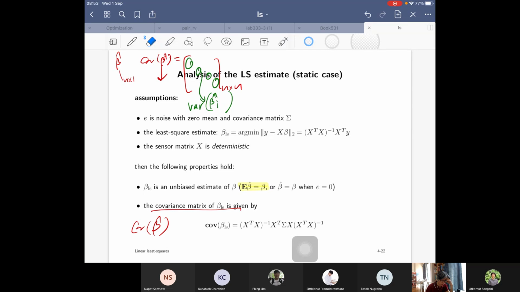Okay, so if the covariance is big, what does it mean? If the variance is big, what does it mean for beta hat? The data set is very varied.